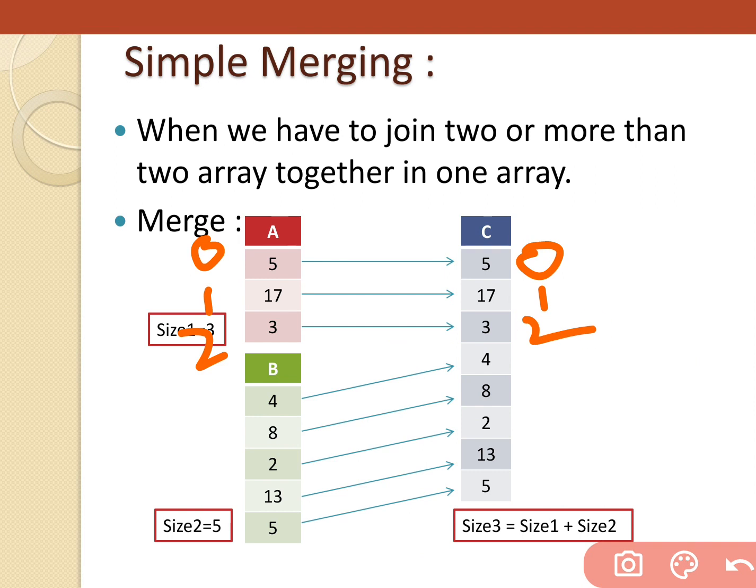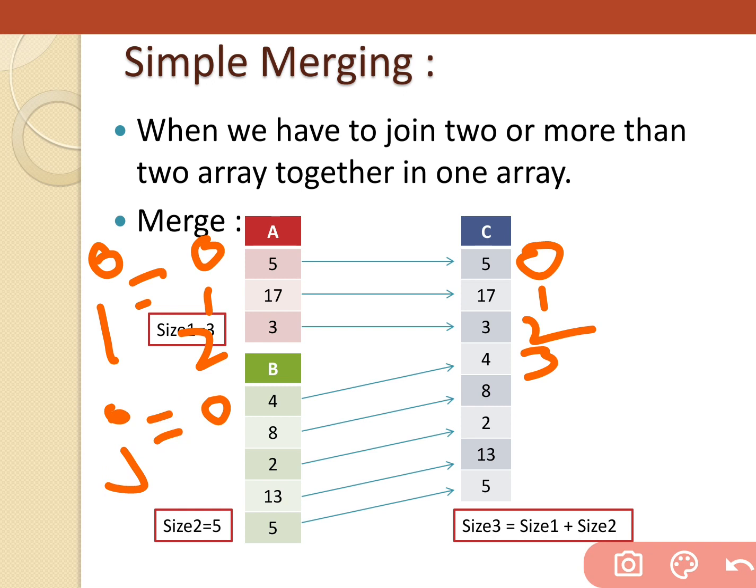But after that, the position of B is 0, but the counting in C is 3 now. We have to place the 0th element of B in the third location of C. Whatever counting I take here is I, and for B I am taking J.